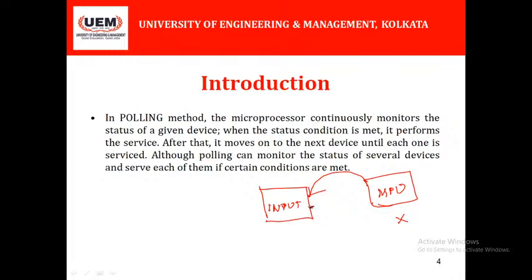Whenever the input device has sent the request, the microprocessor will send an acknowledgement or ACK request, and the input device will know that the microprocessor is ready for communication. Then the microprocessor will give the input device the necessary service. After the service is over, the control once again comes back to the microprocessor, and the microprocessor starts executing its normal program, say P.